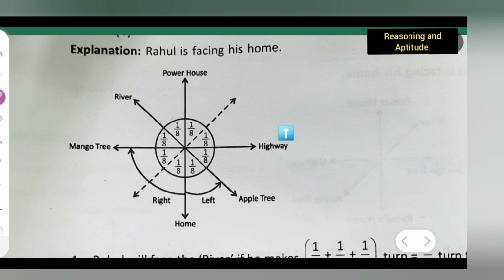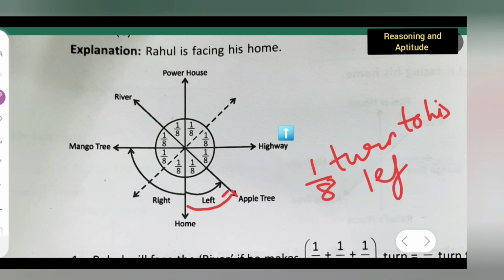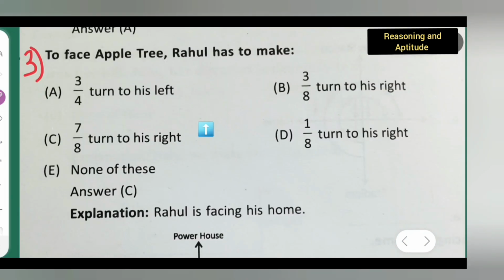But to face the apple tree, Rahul can go this side, a left turn. So it will become a 1/8 turn to his left. But in the options, is it given? In the options there is only to his right, so we cannot take this.